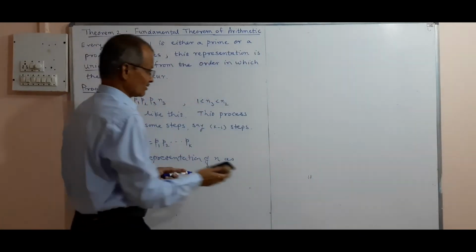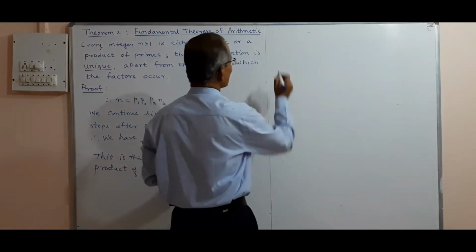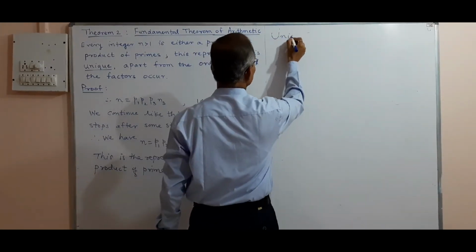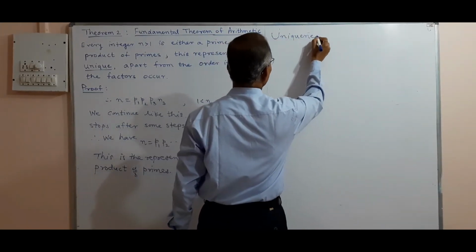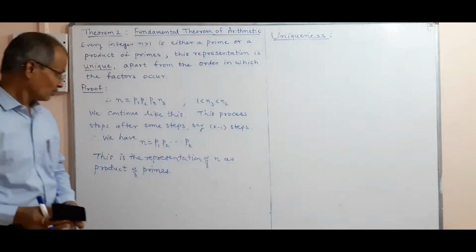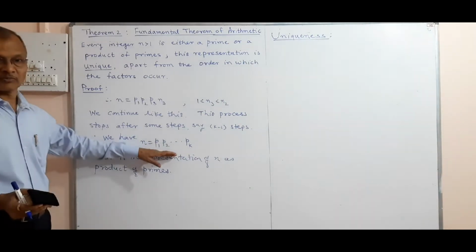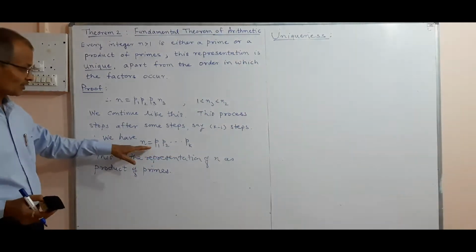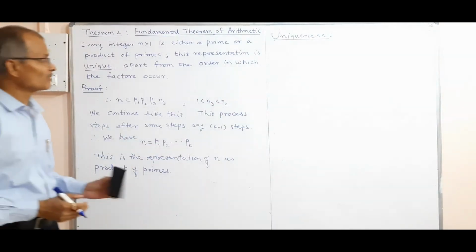Now the second part is uniqueness of this representation. And to prove uniqueness, we shall suppose n has two representations, in terms of p and in terms of q.